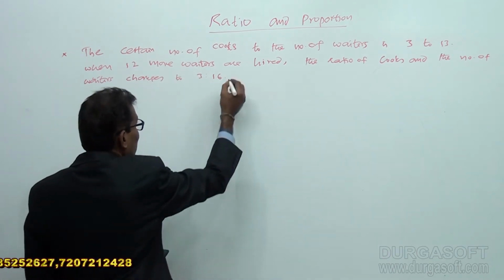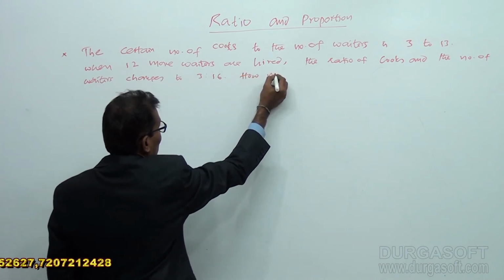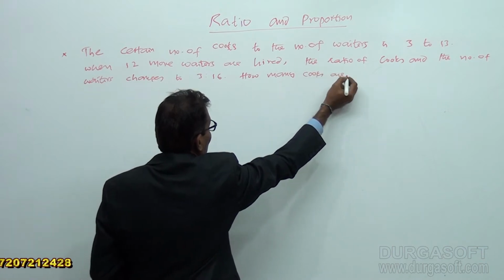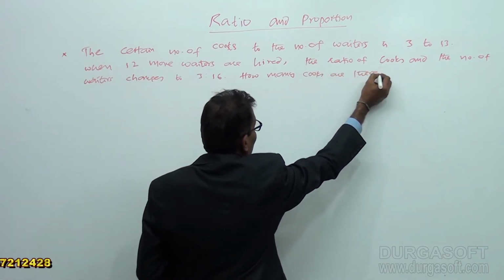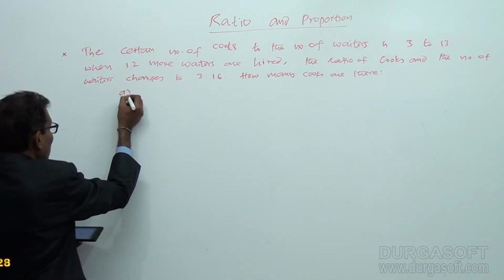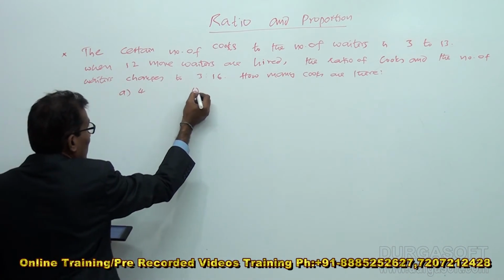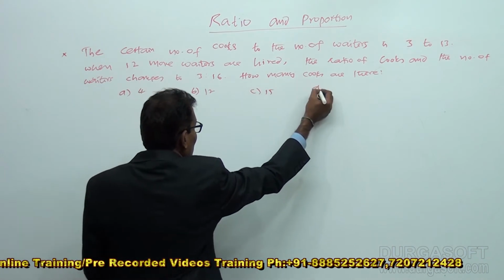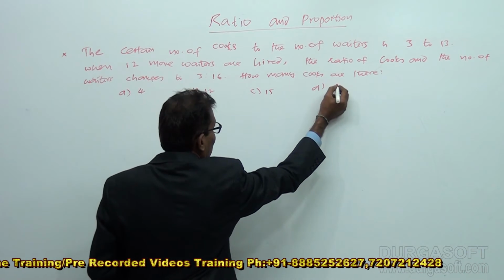How many cooks are there? And your options are A 4, B 12, C 15, D 9.